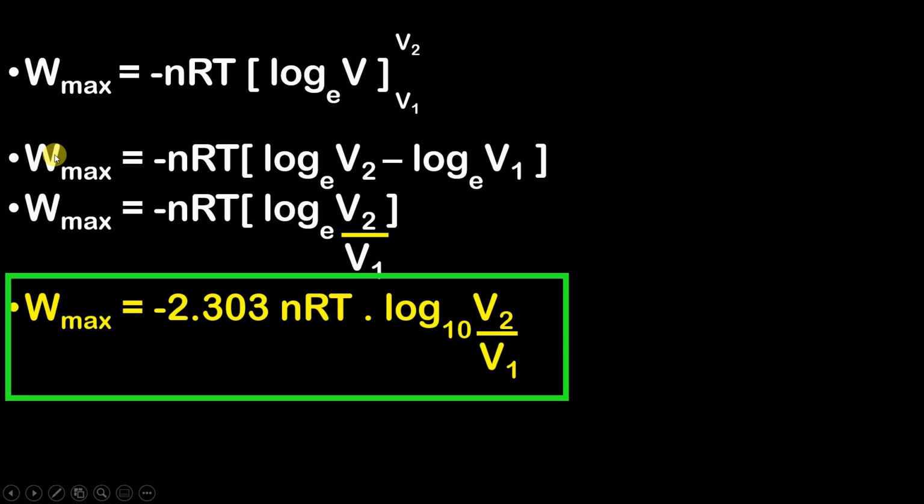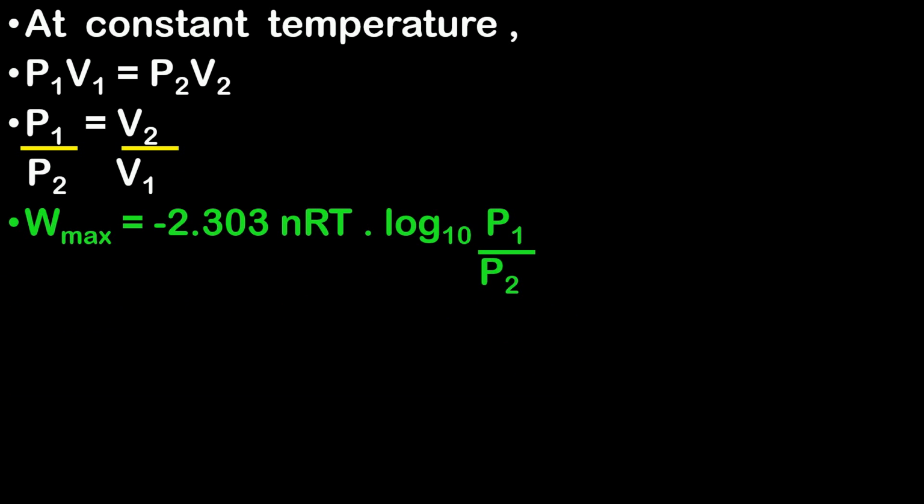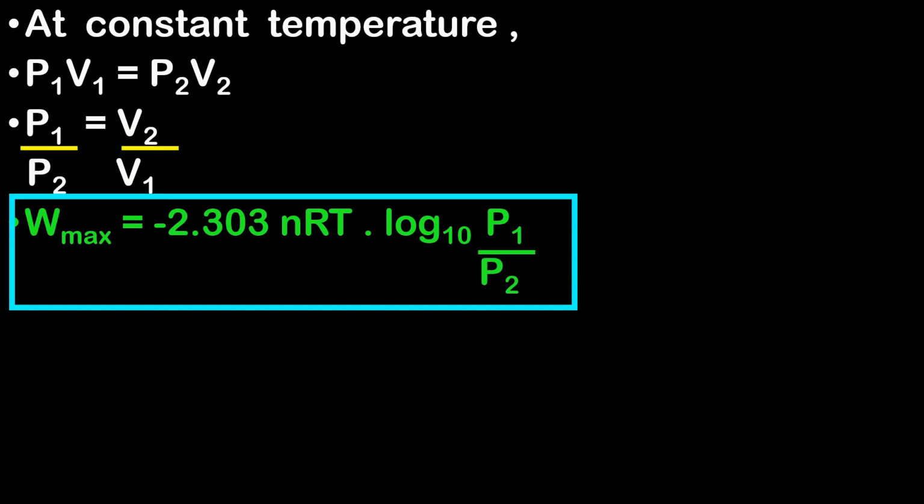By just substituting this, you get another formula for W max in terms of pressure, and this formula you can use if you know the pressure and do not know the volume. Here you can substitute pressure instead of volume at constant temperature, because usually when you do maximum work your temperature will be constant.